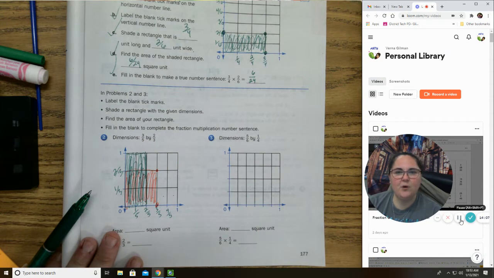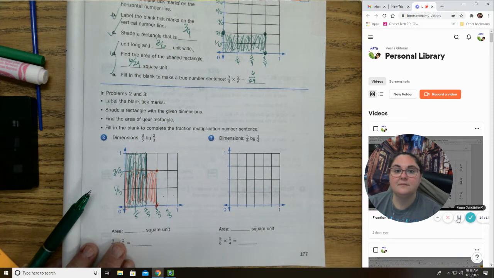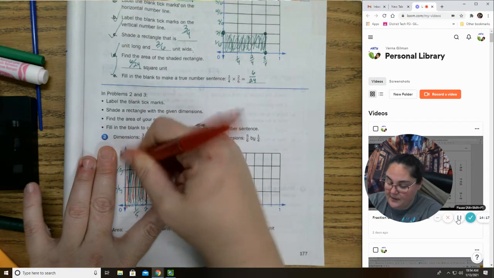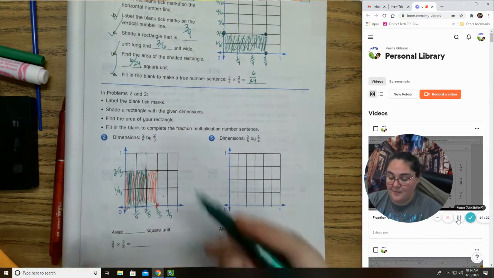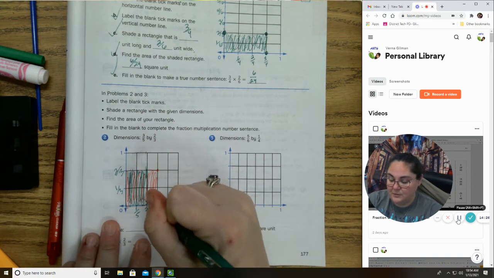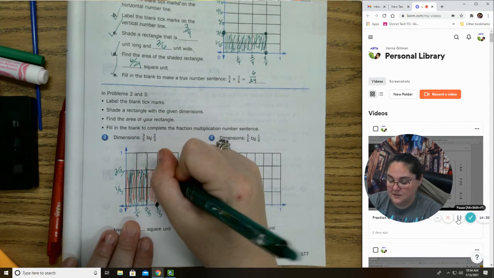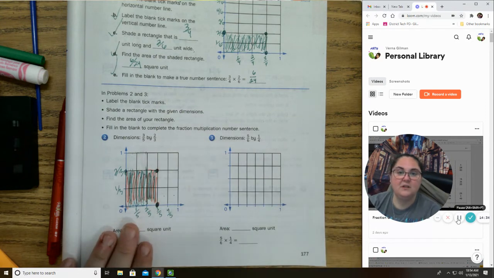My green shading or my red shading? Which one is actually exactly like the question says? If you say the red shading matches, you are absolutely correct. The reason is that we have to do the dimensions that this tells us. So I have to go over to 3/5, up to 2/3, and shade that square. This is what it should look like.